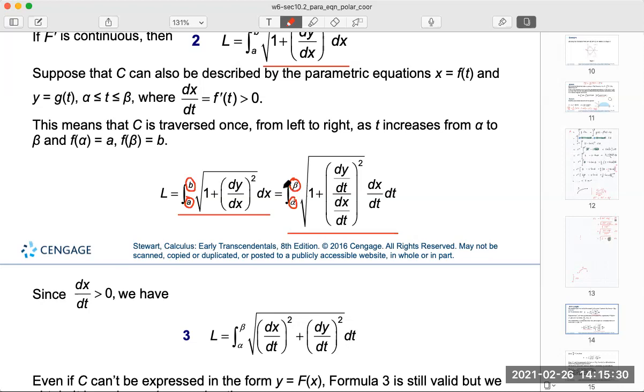So we write dx is this guy, right? dx over dt, dt. Okay? You can imagine that dt and dt here cancel, right? Imagine that way. But actually, this guy is the first derivative of x with respect to t.